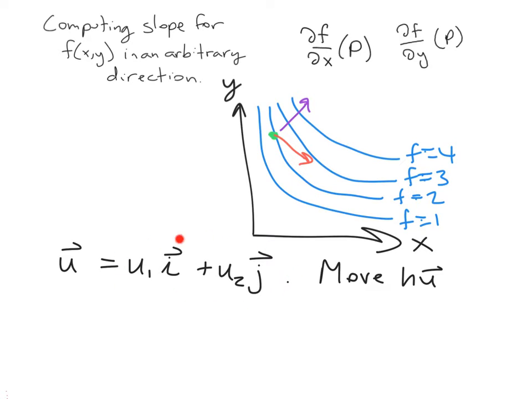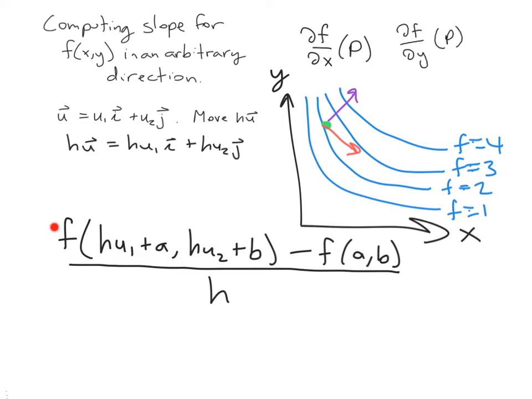Recall that we've chosen this to be a unit vector, and we want to move a distance h, and so to move a distance h along this vector direction, we need to move by the vector h times u. This vector will have length h. This new vector is hu1 in the i direction plus hu2 in the j direction. We're moving a small distance along this vector direction.